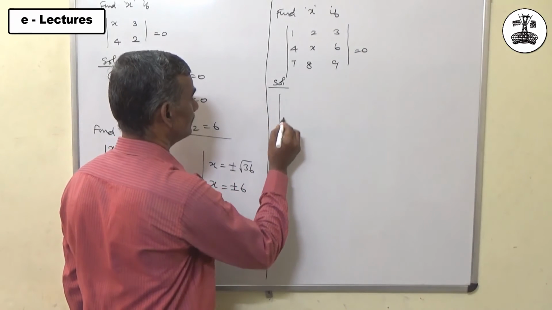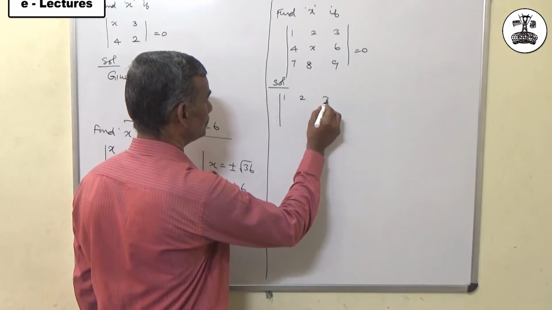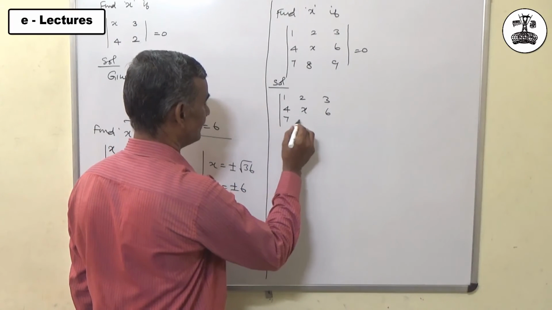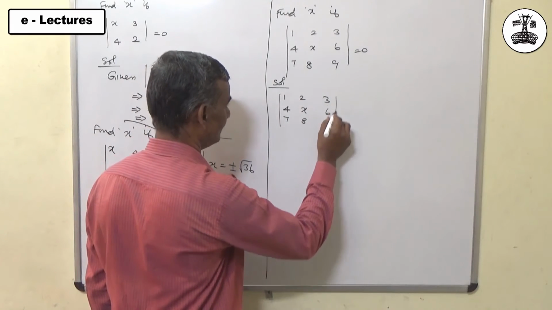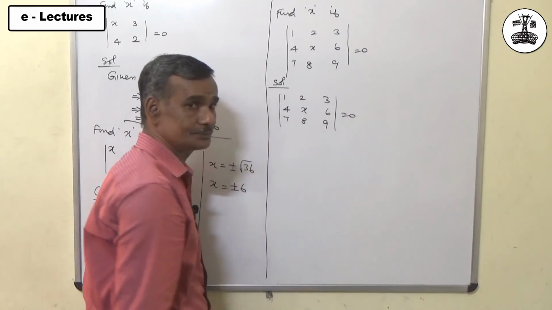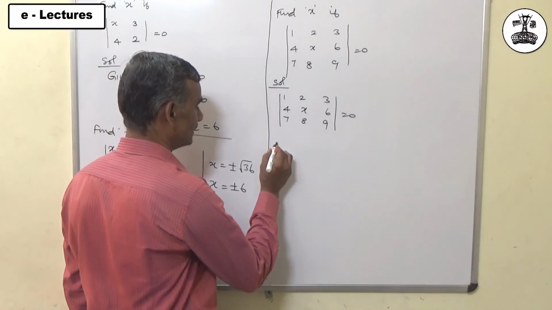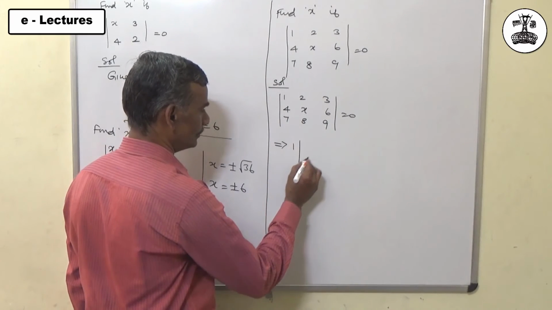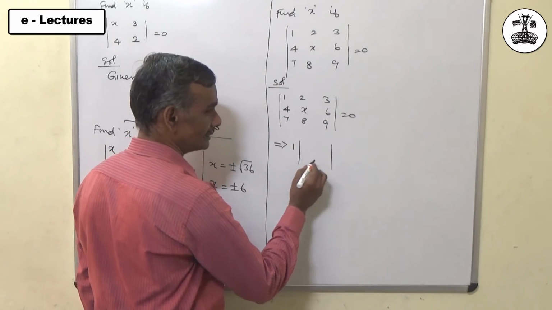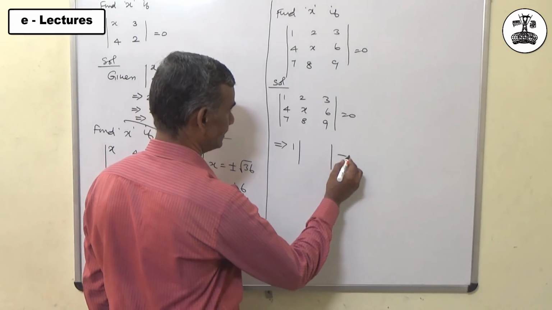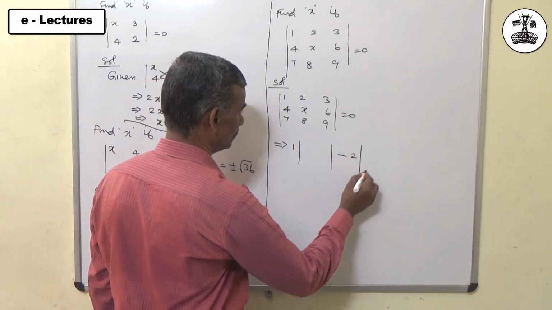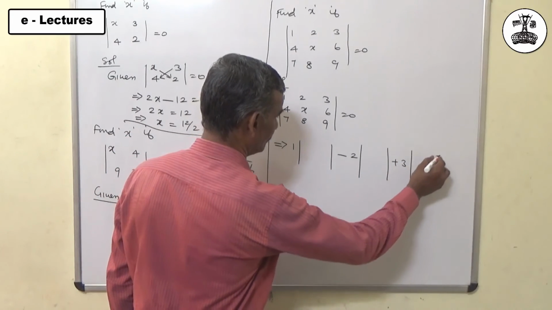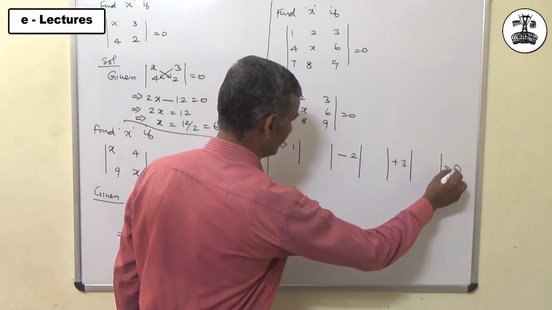Given 1, 2, 3, 4, x, 6, 7, 8, 9 equals 0. By expanding this determinant, this implies 1 into a 2 cross 2 determinant, second element minus, 2 into a 2 cross 2 determinant, plus 3 into a 2 cross 2 determinant. This is equal to 0.